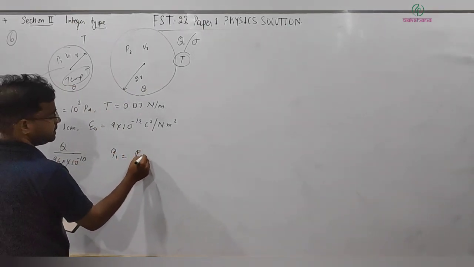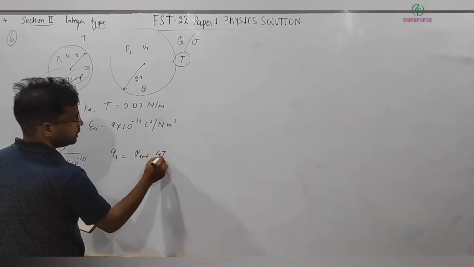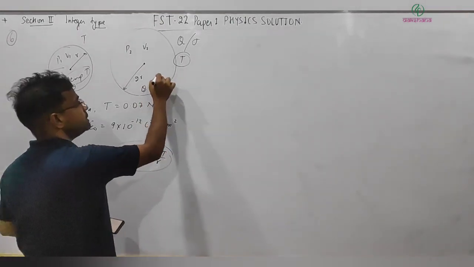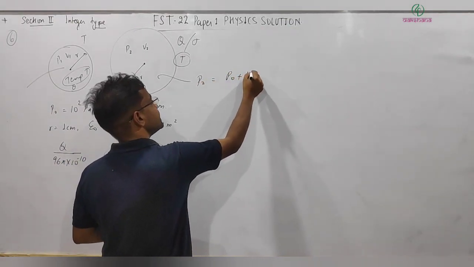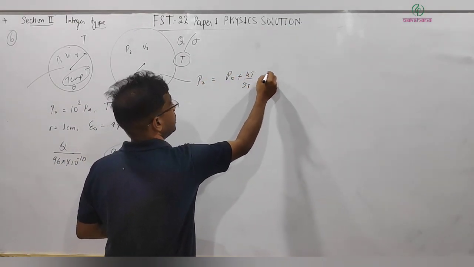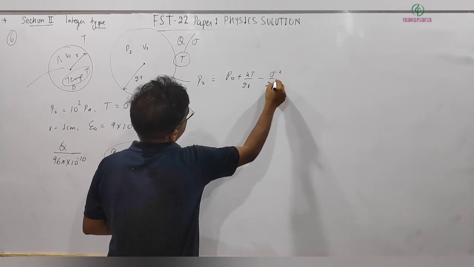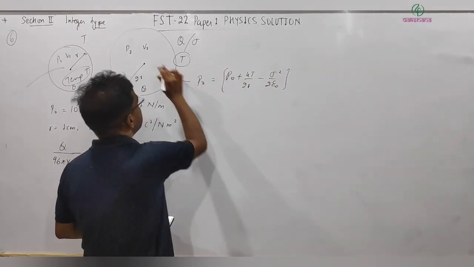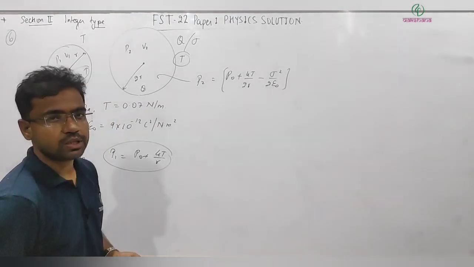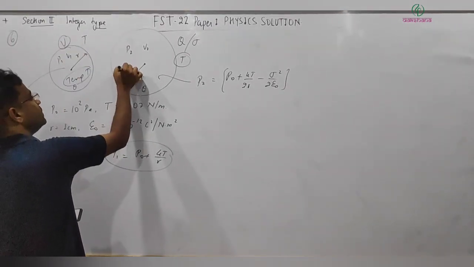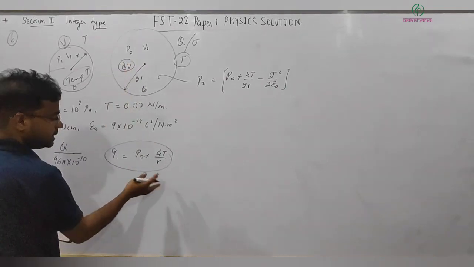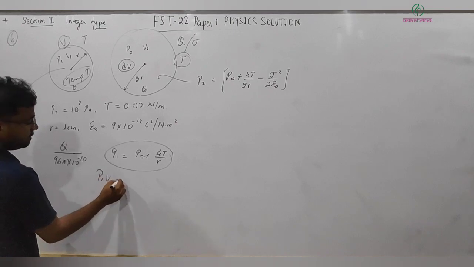P1 can be written as P naught plus the excess pressure, that is 4T by R. And P2 can be written as P naught plus excess pressure 4T by 2R, minus sigma square by 2 epsilon naught. And because the radius is becoming 2R, the initial volume is V, and the final volume will be 8V.